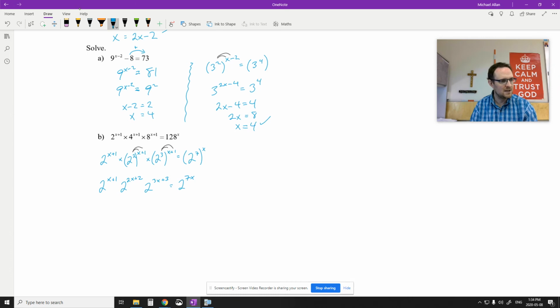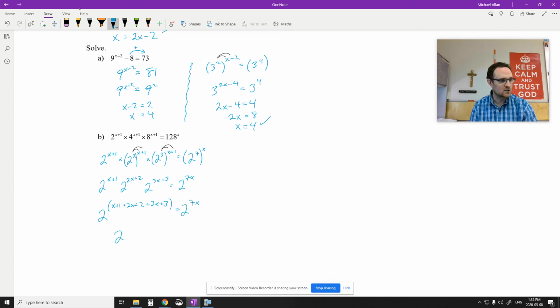Okay, so they all have the same base on this side. So remember one of our rules, if you multiply terms together that have the same base, you add your exponents. So I'm going to add my exponents on the top here. So this is going to be 2 to the power of x plus 1 plus 2x plus 2 plus 3x plus 3. On the other side I said 7x. Okay.